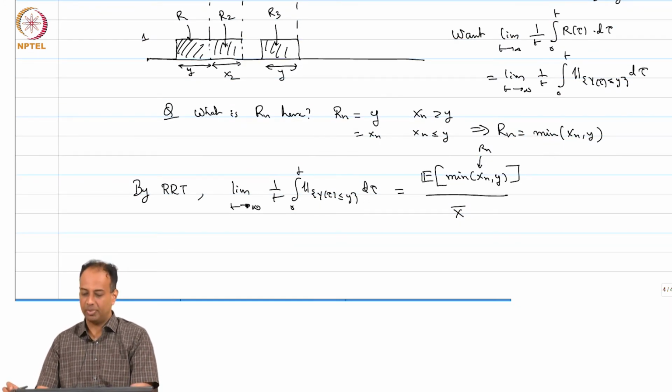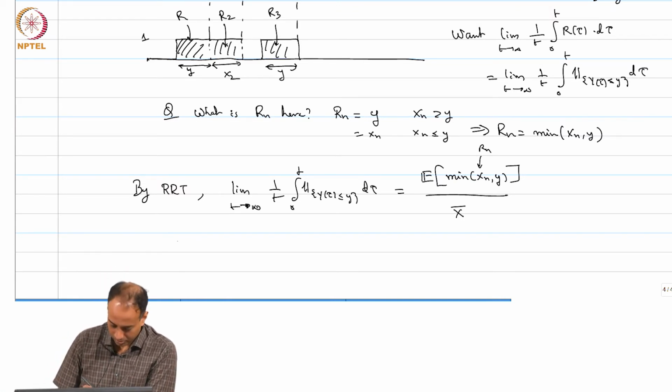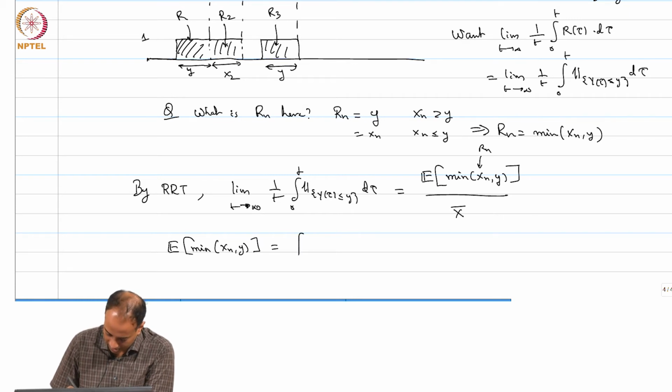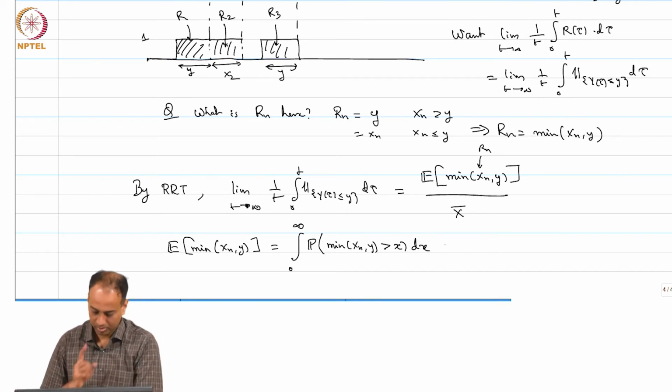Now, what is the expected min of x n and y? The expected min of x n comma y is simply the integral 0 to infinity of the probability that min of x n comma y is greater than x, dx.